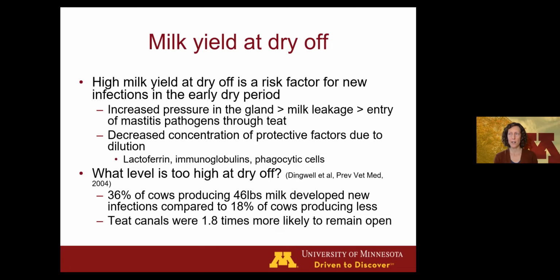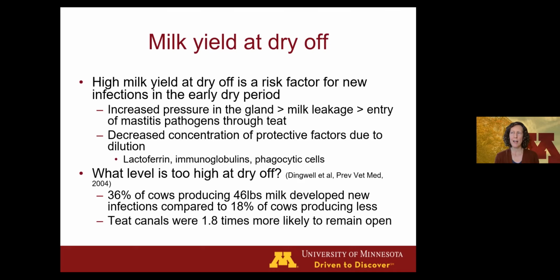The other important point is that if we have a bunch of milk still in the gland, we're diluting some of the protective factors that naturally exist during the dry period to help fight off infection. That includes lactoferrin, immunoglobulins, and phagocytic cells that are the first responders that destroy pathogens when they gain entry.